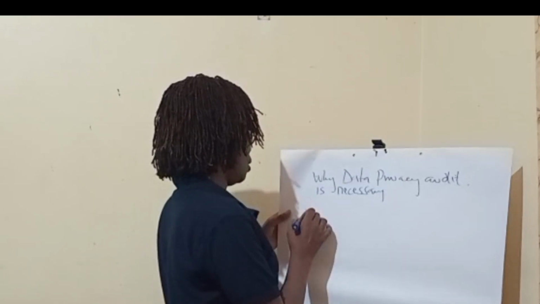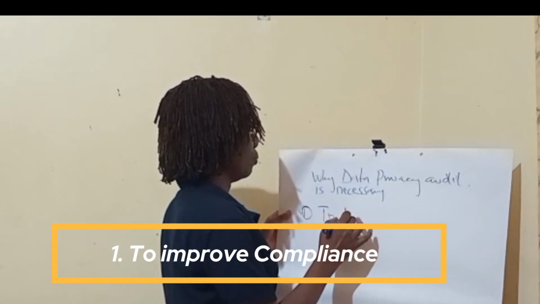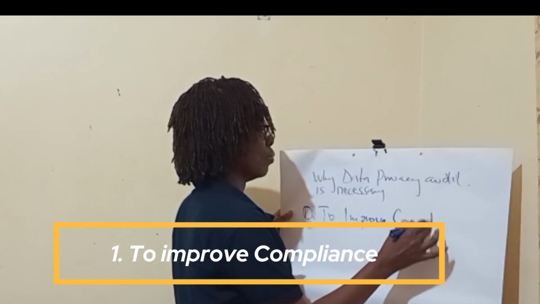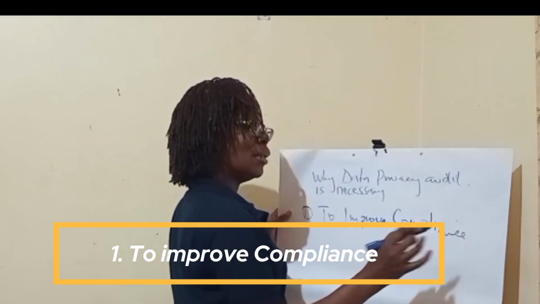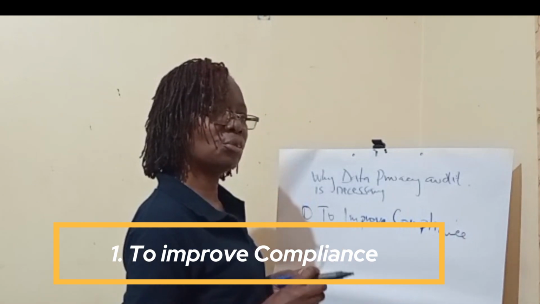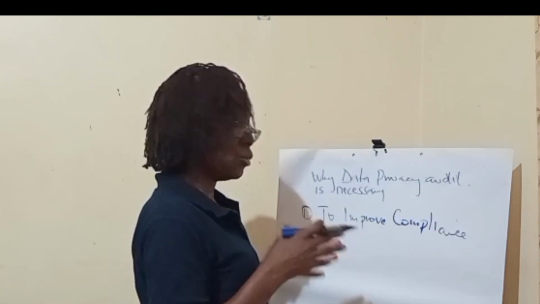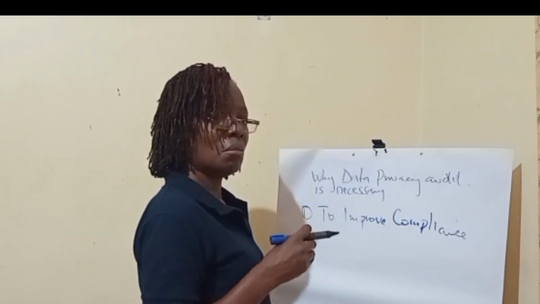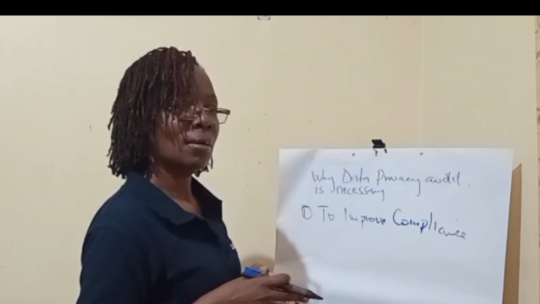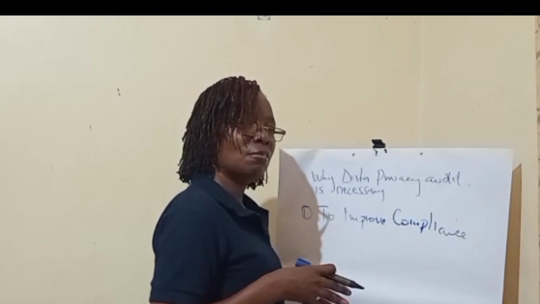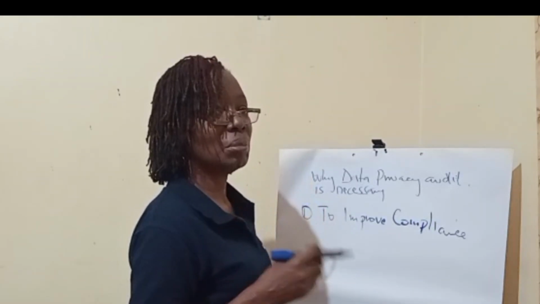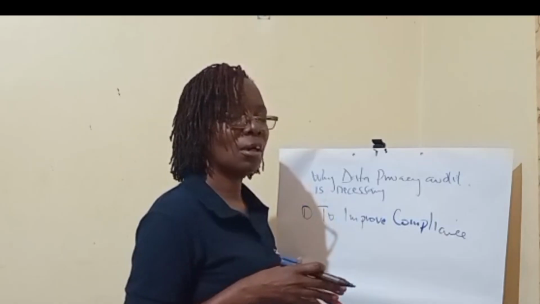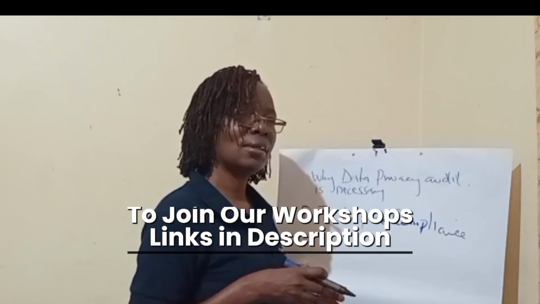1, to improve compliance. When organizations are compliant, this ensures they avoid penalties that are usually brought up by the regulators, like the ODPC for the Kenya Data Protection Act and maybe the GDPR for the external data regulation acts.